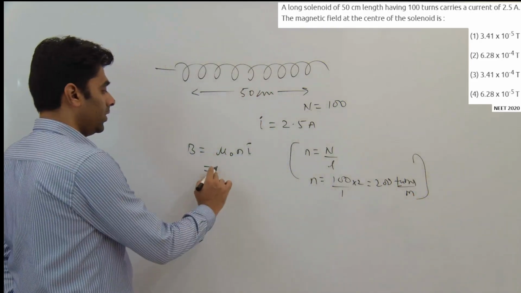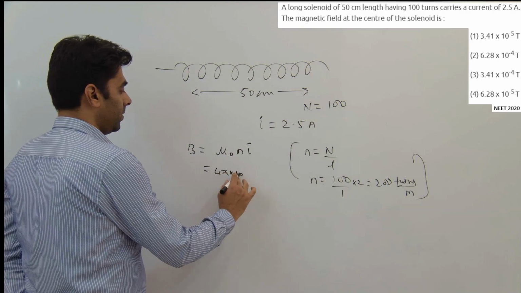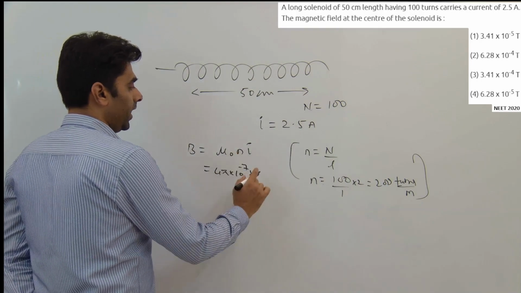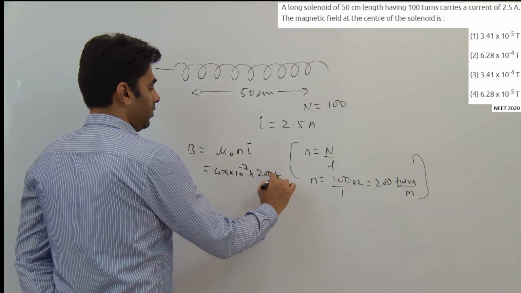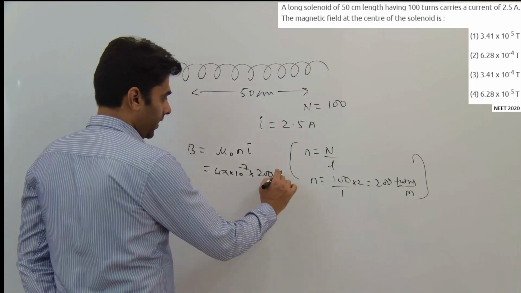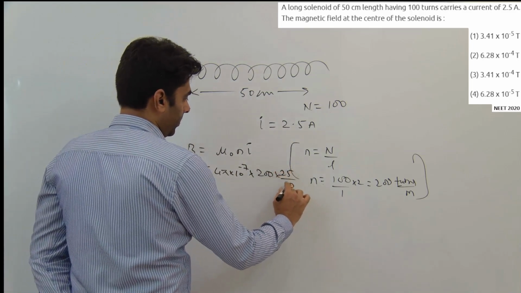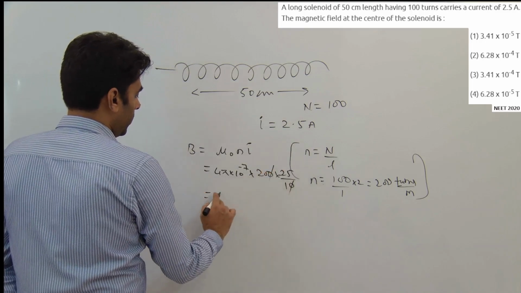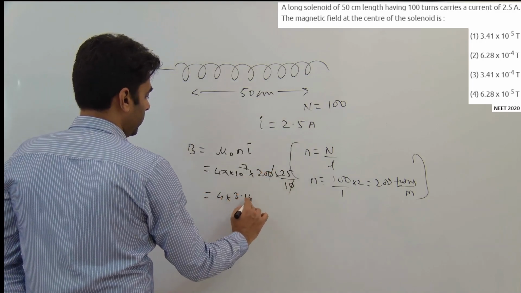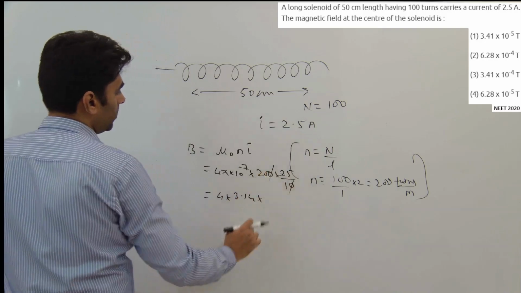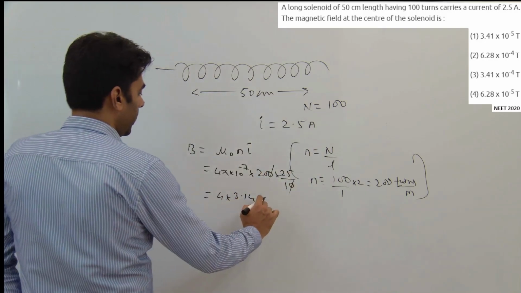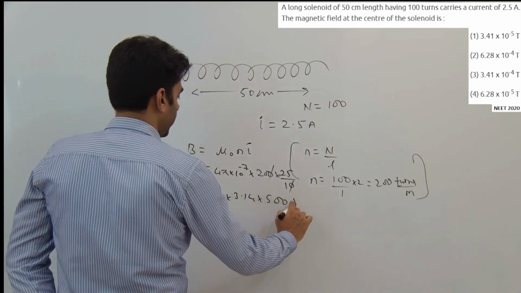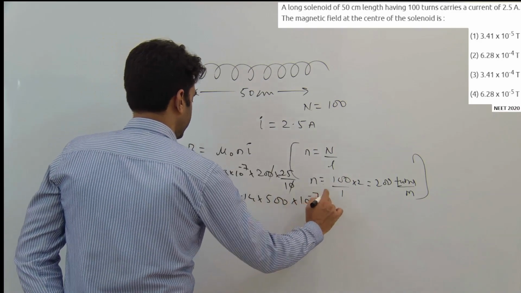So mu naught is 4 pi into 10 power minus 7, into n which is 200, into 2.5, right? I can write it as 25 by 10. It cancels out. We'll get 4 into 3.14, and this becomes 500 into 10 power minus 7.